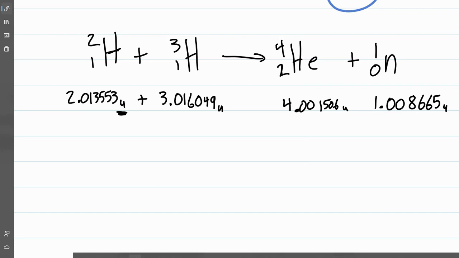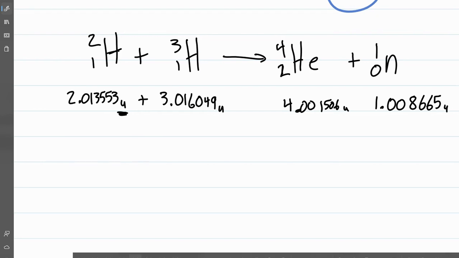Okay. But on the left side, our reactants for this, if I take 2.013553 plus 3.016049, I get 5.029602, which is what we start with. But on the right side, when I do this same process, I get 5.010171.